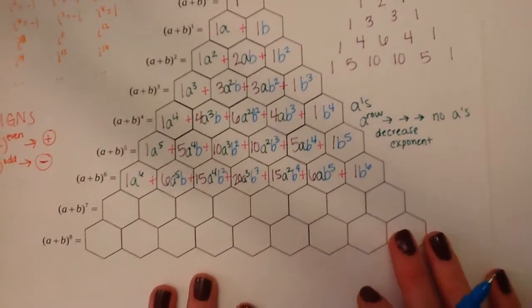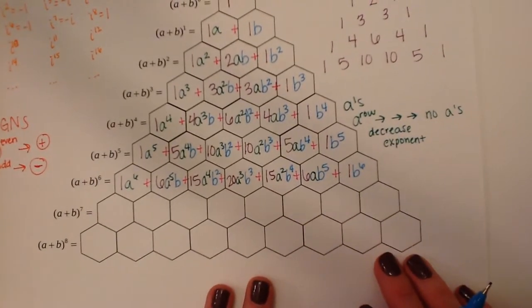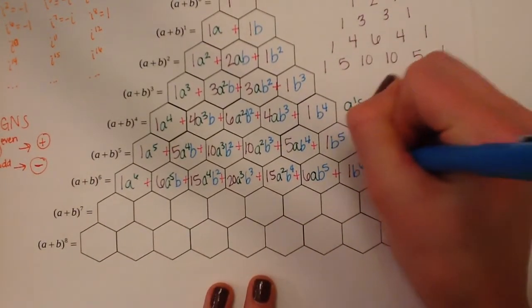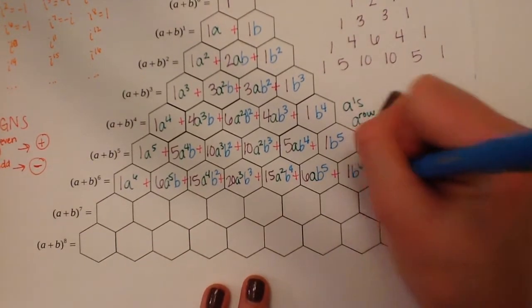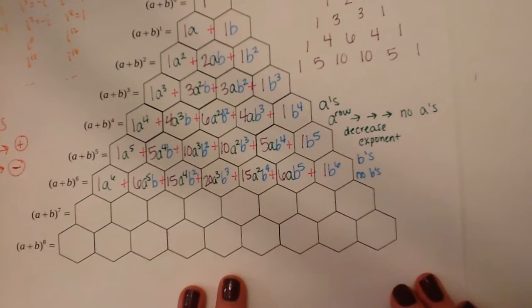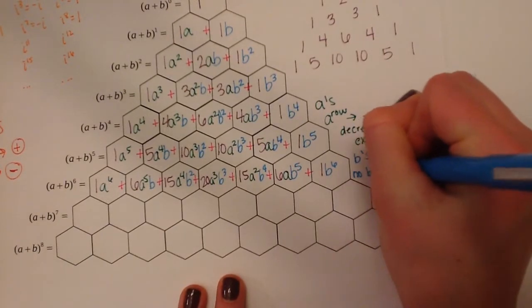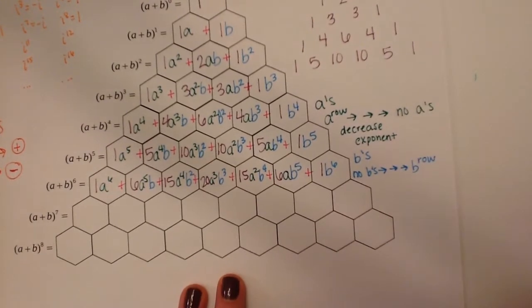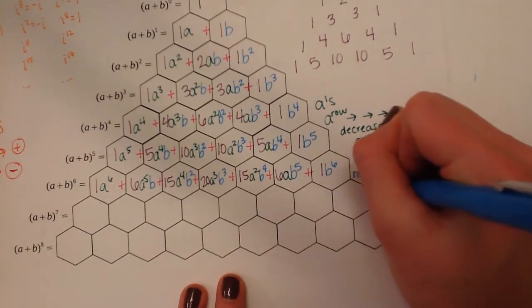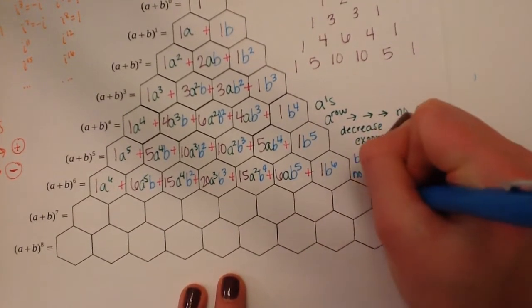I need to move that over for you. So now if we look at our b terms, we start out with just the opposite. We start out with no b's at all, and as we keep going over, we end up with b to whatever row you're looking at. So this time you're going to increase the exponent.